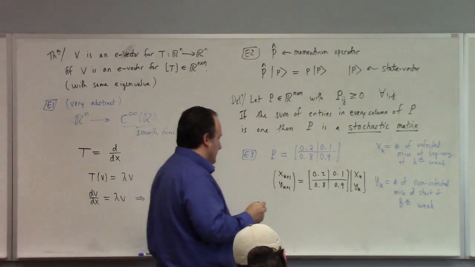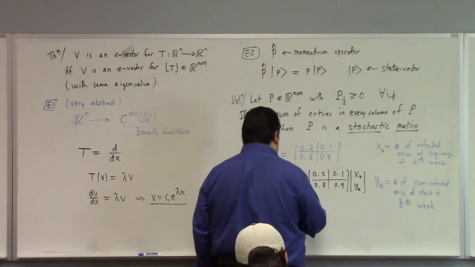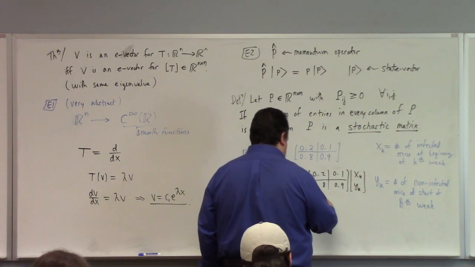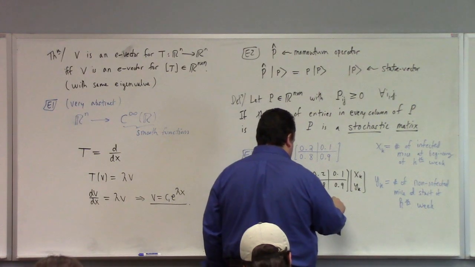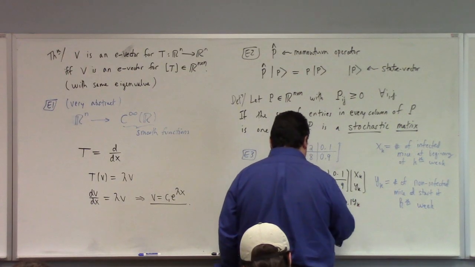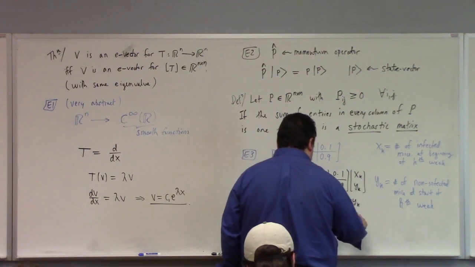This is an example of a stochastic process. Let me write down the formula here. What we got is 0.2 x_k plus 0.1 y_k, and 0.8 x_k plus 0.9 y_k.